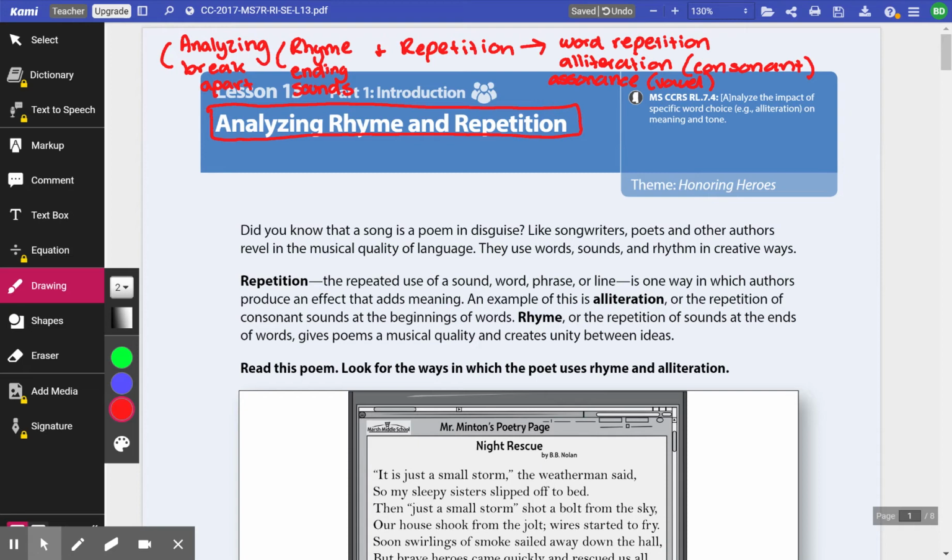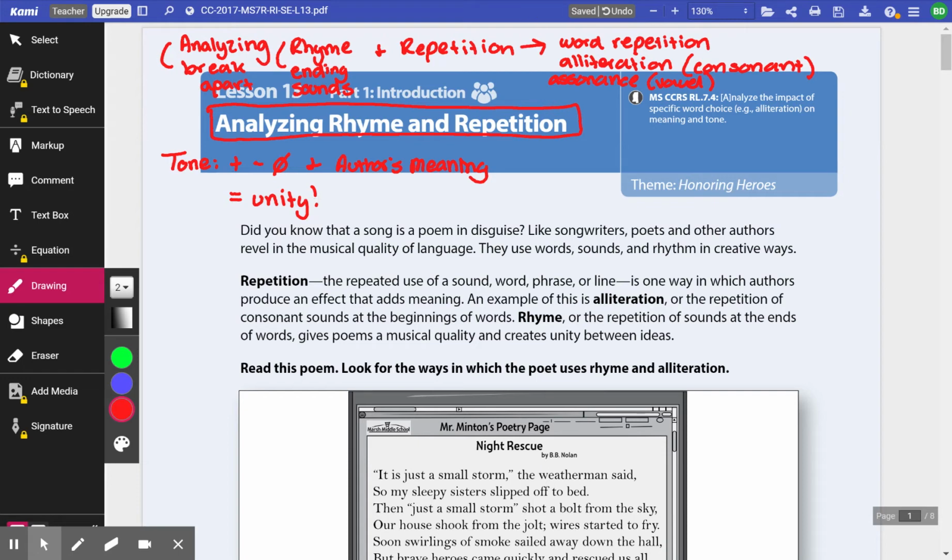And we know anytime we are considering rhyme and repetition, we are also going to think about tone and whether or not the tone is positive, negative, or neutral. And we're also going to think about the author's meaning. So, anytime we are considering tone and the author's meaning, that all works together to help create unity within a text.